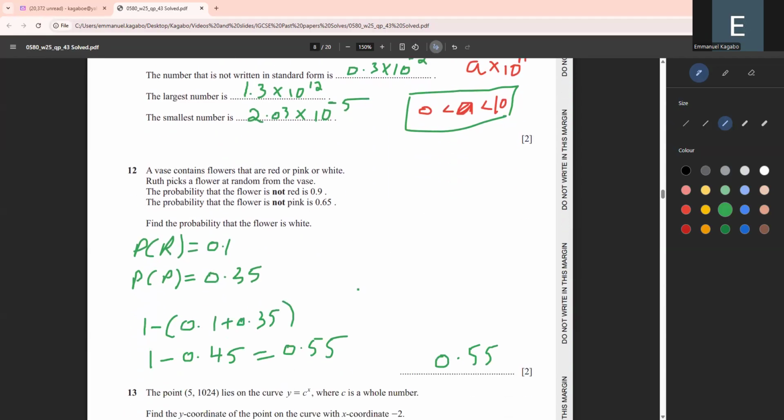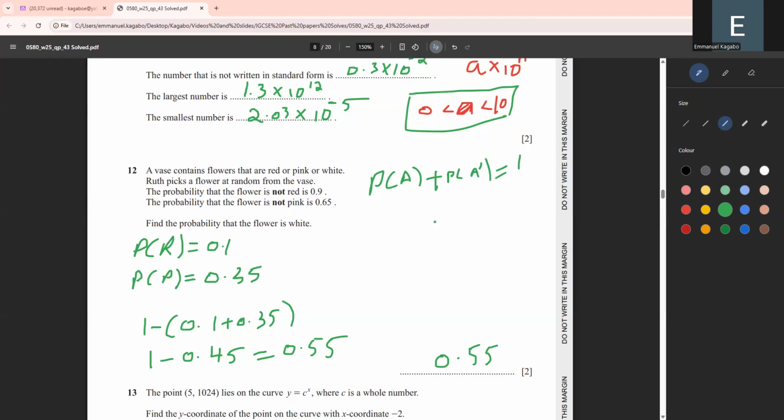Okay? Very good. The next question is about probability. They tell you a vase contains flowers that are red or pink or white. Ruth picks a flower at random from the vase. The probability that a flower is not red is 0.9. So you have to know that probability of A plus probability of A complement equals 1.